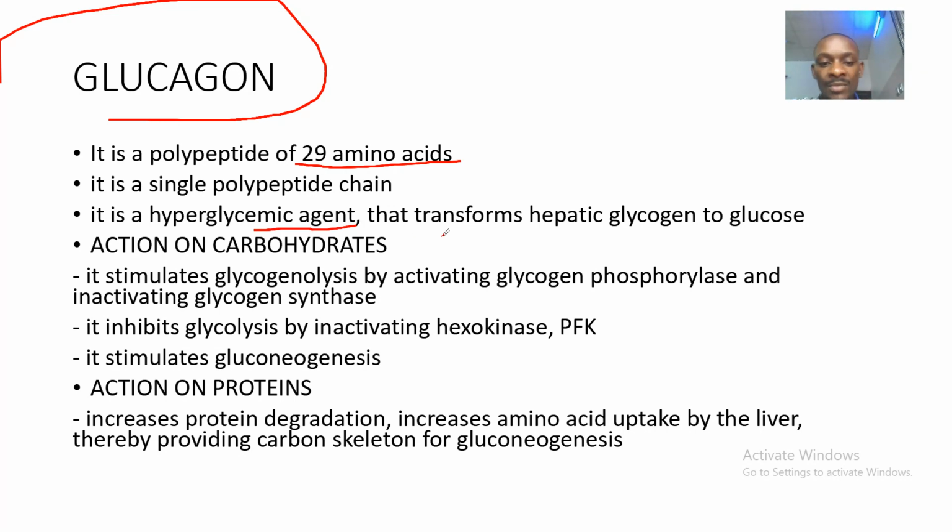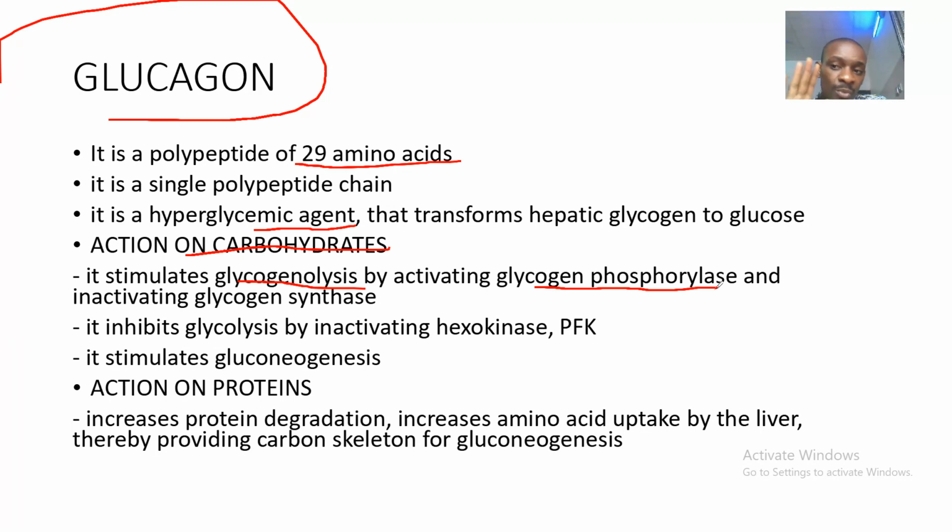That's hyperglycemic. It transforms hepatic glycogen, that's stored glucose, back to glucose, making so much glucose in the body. What is the action on carbohydrates? It stimulates glycogenolysis by activating glycogen phosphorylase and inactivating glycogen synthase.